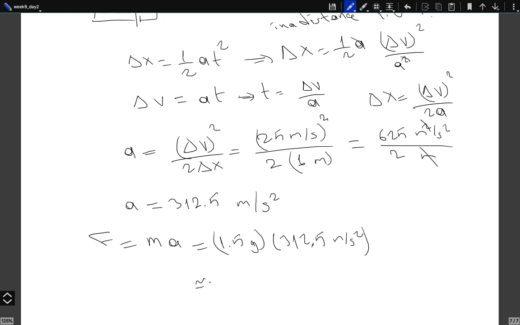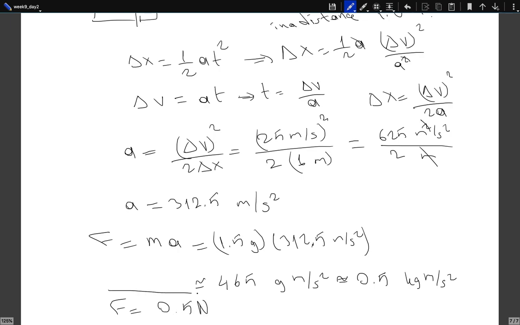So this is around 465 grams meters per second squared, which is, let's say, 0.5 kilogram meters per second squared. So the force should be 0.5 newtons. So this is how much force the magnetic field should exert on our metal piece. Again, I repeat, this part at least is just mechanics, nothing with the magnetic field.